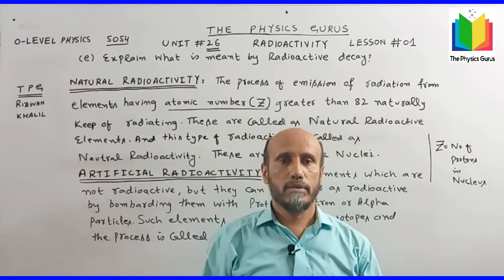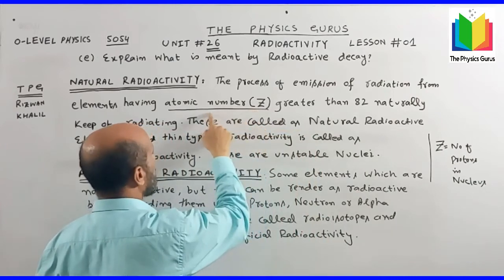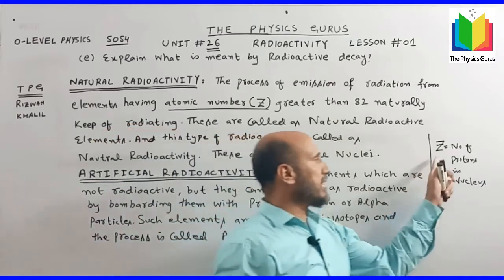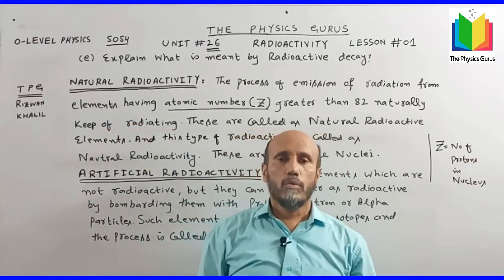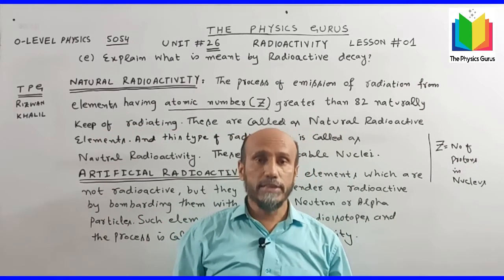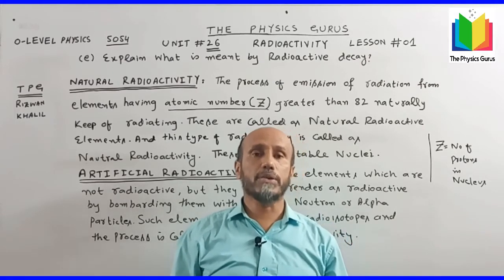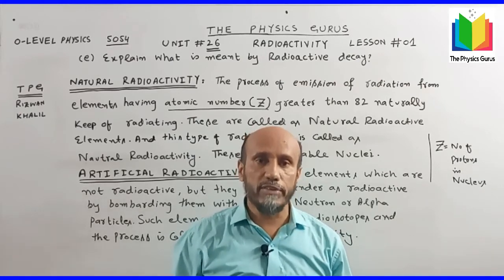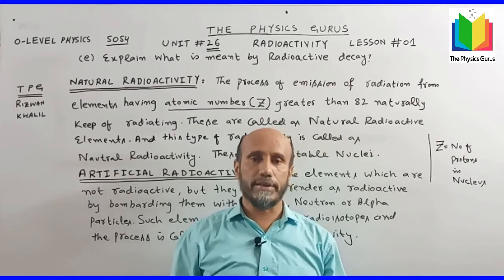I have used the term atomic number over here. Atomic number is represented by capital Z. And what does it mean? The number of protons in the nucleus. So the elements for which the value of Z is greater than 82, in general, by nature, emit radiations, and these elements are called natural radioactive elements, and this type of radiation is called natural radioactivity.